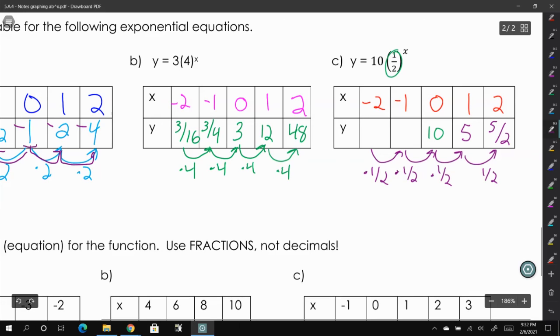Going backwards, 10 divided by 1/2 is 20. And then before that, we get 40. And again, double check. 40 times 1/2 gives you 20. 20 times 1/2 gives you 10. 10 times 1/2 gives you 5. 5 times 1/2 gives you 5 over 2. So it's something that you can do quickly just to make sure you have the correct values.